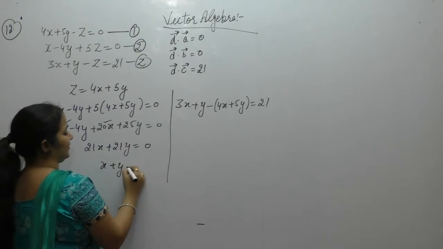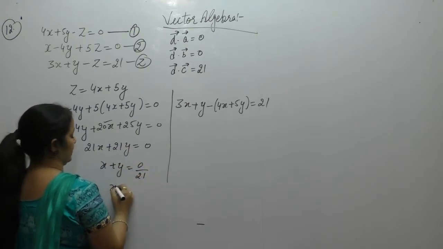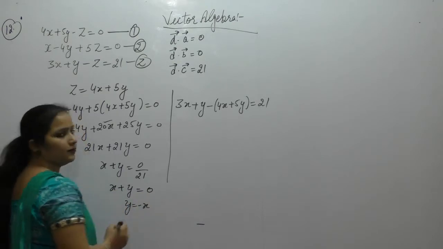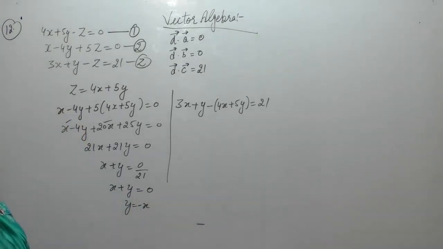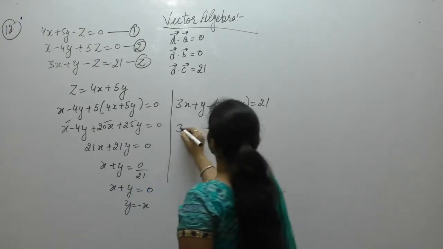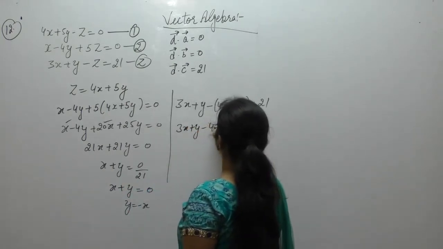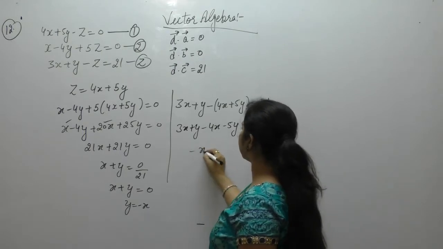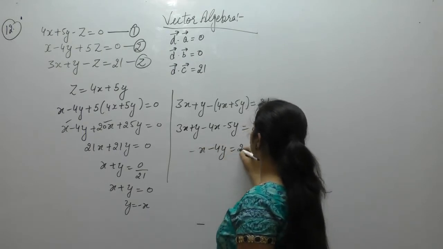By taking 21 common, we get x plus y 0 or y is equals to minus of x. From here, 3x plus y minus 4x minus 5y minus x minus 4y is equals to 21.